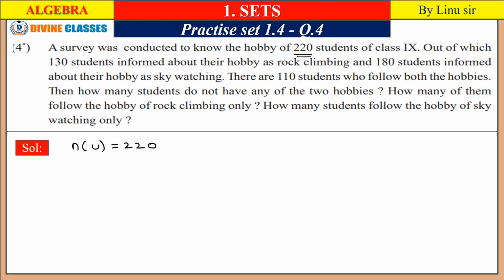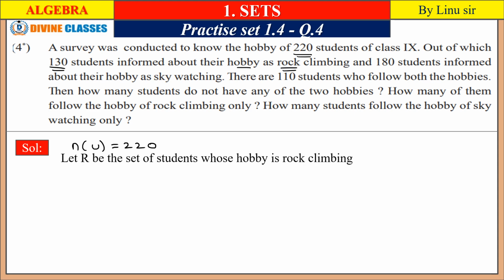Out of which 130 students informed about the hobby as rock climbing, right? So let R be the set of students whose hobby is rock climbing. Therefore n(R) is equal to 130. Next, 180 students informed about their hobby as sky watching.